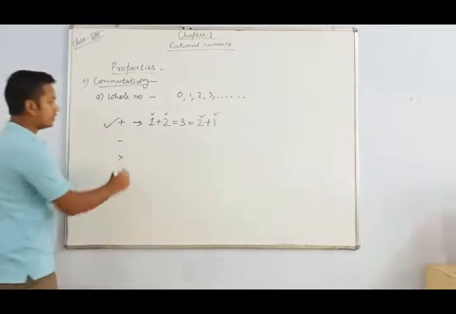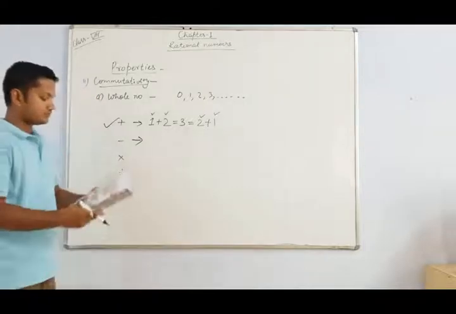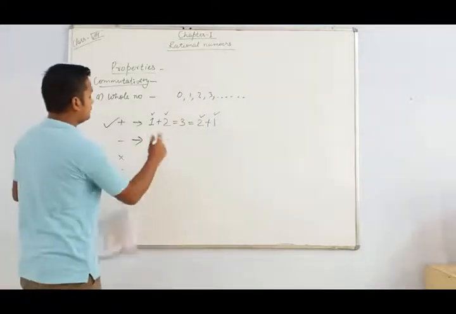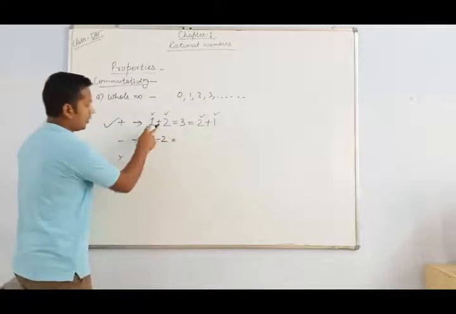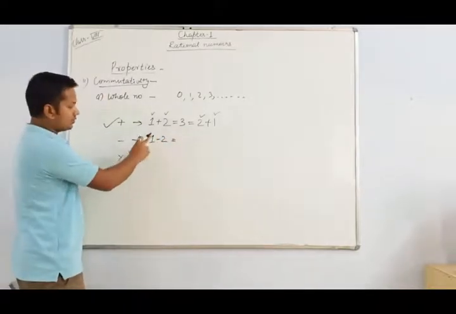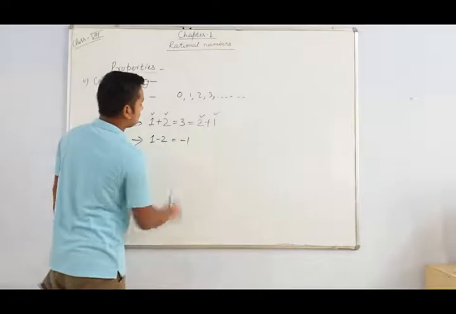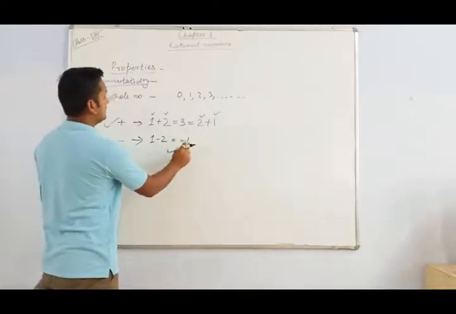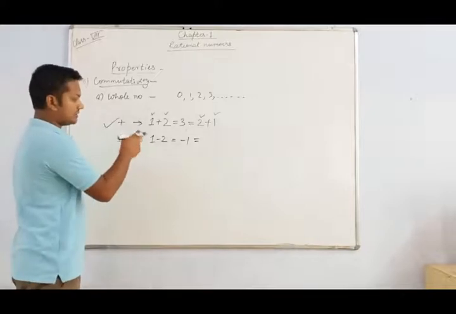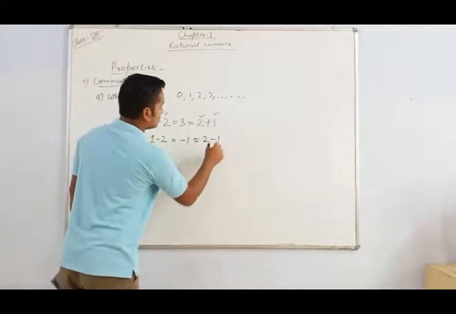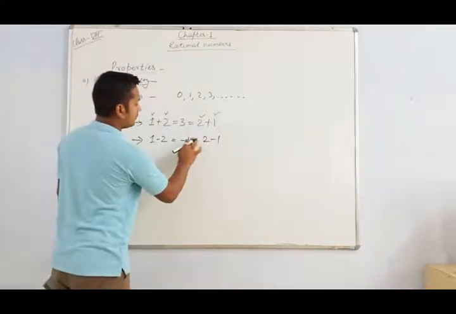Okay student, so now for subtraction, let's take 1 minus 2. 1 minus 2 will give you minus 1. It will not be the same result if I do 2 minus 1. 2 minus 1 will give me what?